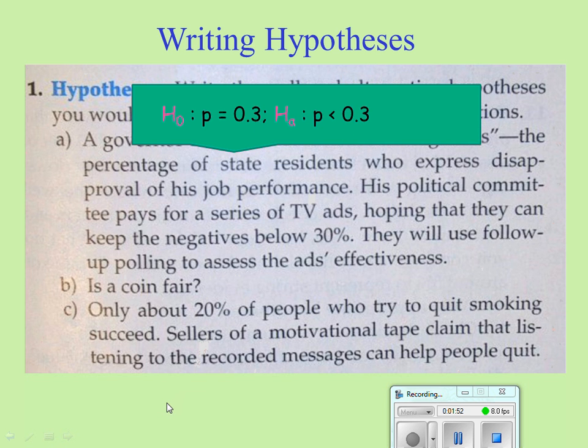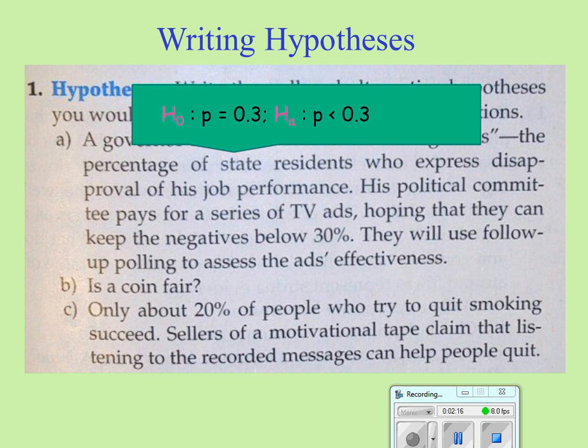All right, so B is: is a coin fair? It's not a yes or no question. Again, how do you write your null and alternative hypotheses from this? Hopefully you understand that a coin has either a heads or a tail. Therefore, you have a 50% chance of getting one or the other.